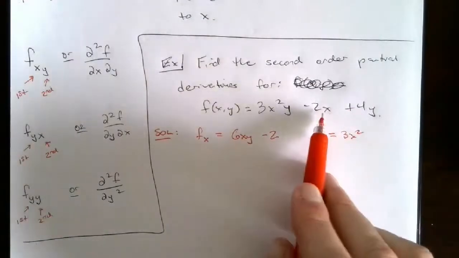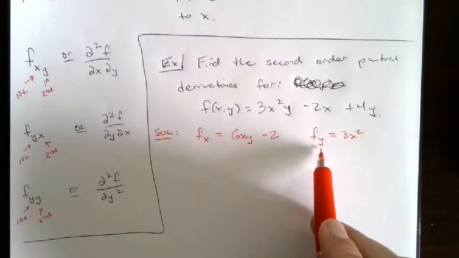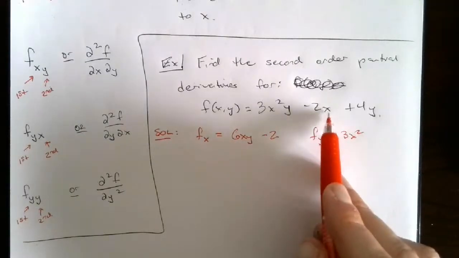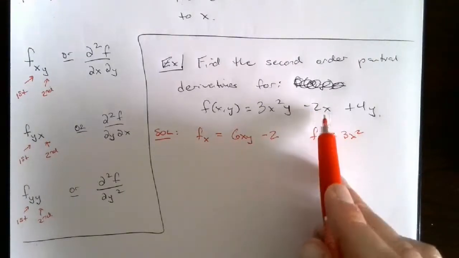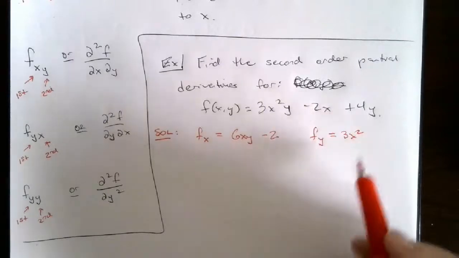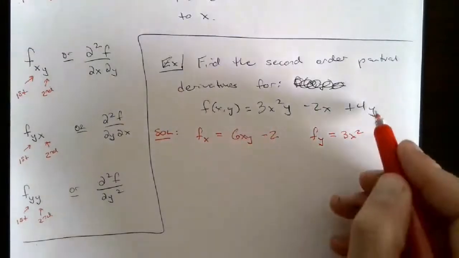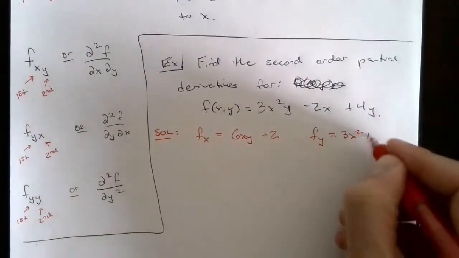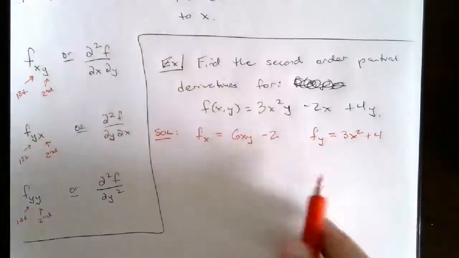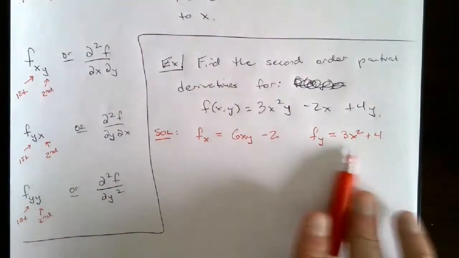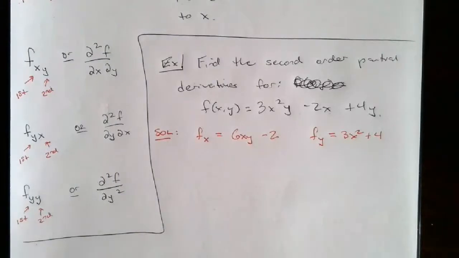The derivative of negative 2x with respect to y is 0, because x is a constant, so I don't have to include that. And the derivative of 4y with respect to y is plus 4. So the first derivative with respect to y is 3x squared plus 4.